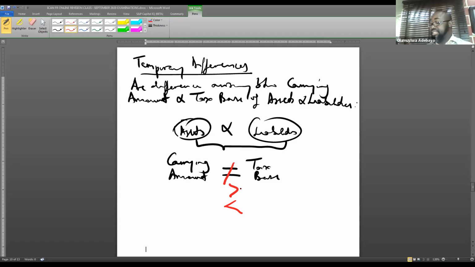And why are they not the same? It's because the carrying amount represents the basis of applying accounting principle in the recognition of the value of an asset, while the tax base is applying the tax principle and laws in the recognition of the value of an asset. Now, for the same transaction, but they are being valued and seen from different perspectives, based on accounting principle and based on tax principle. Therefore, that brings about that difference.